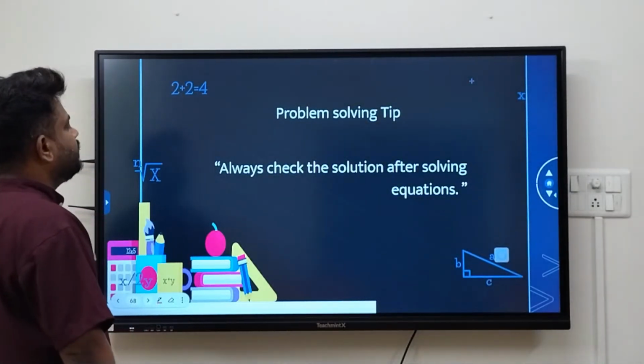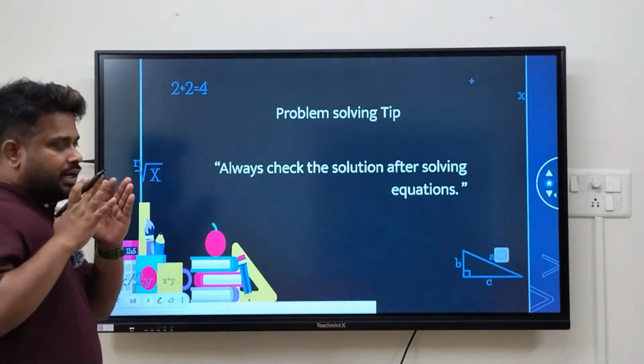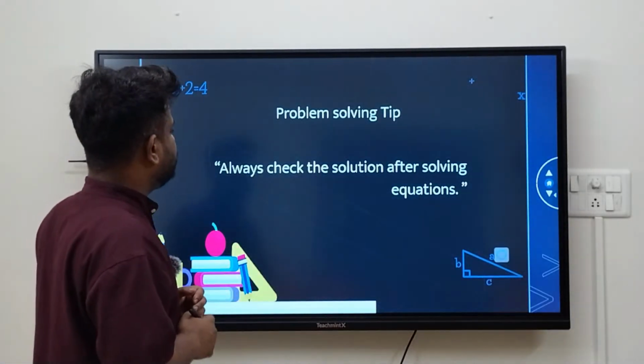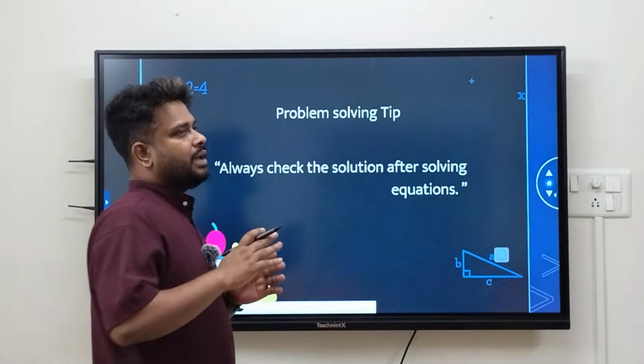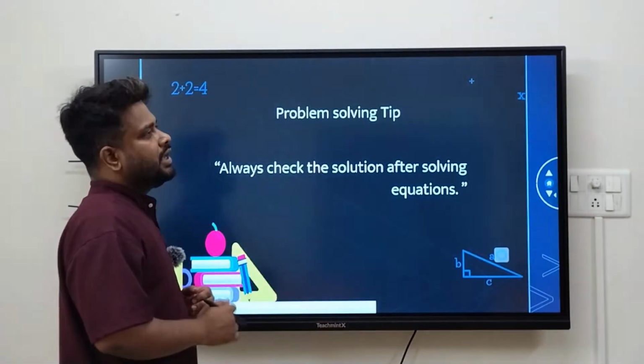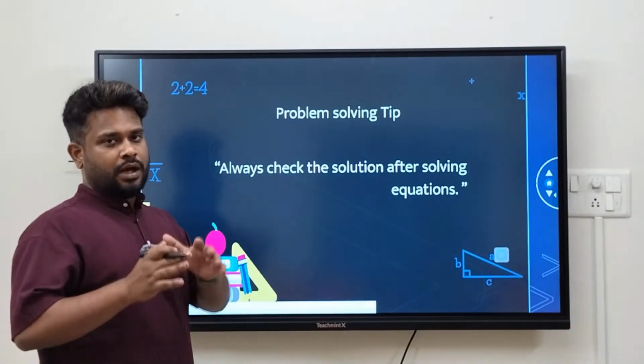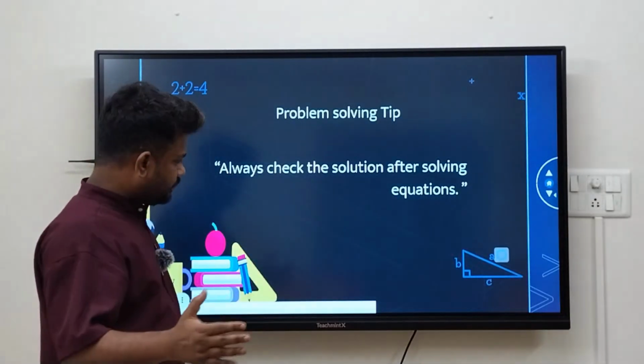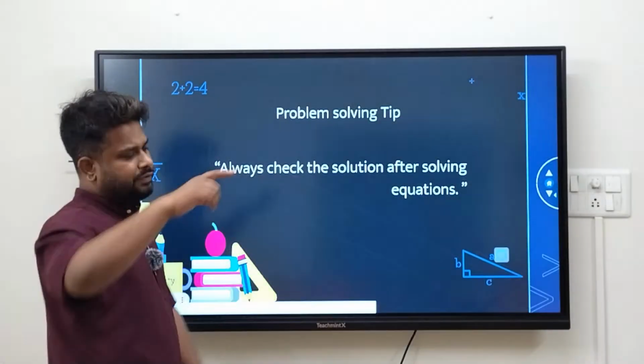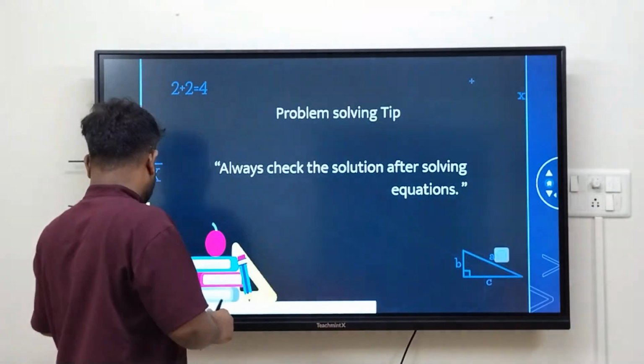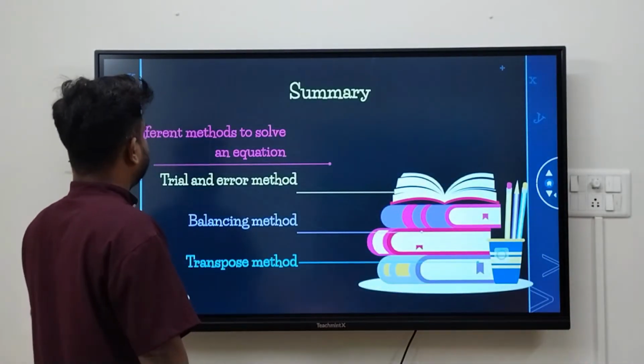Okay, so problem solving tip. Here is a tip: always check the solution after solving the equation, which I have already told you, that you have to just go the reverse way to check all the solutions of any questions.